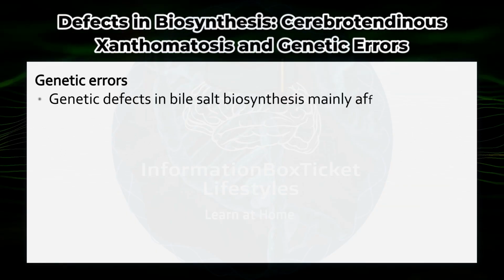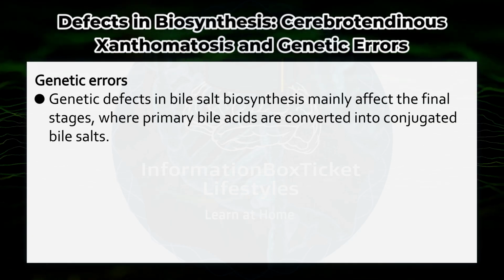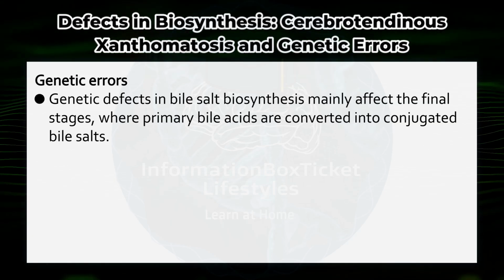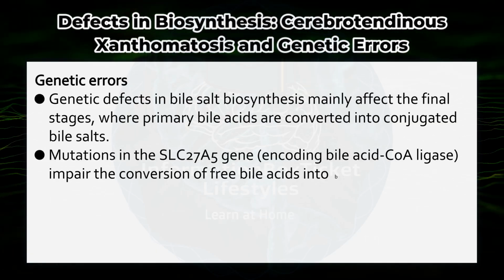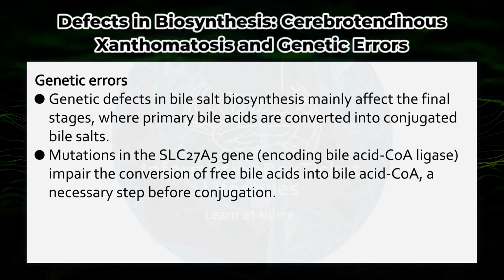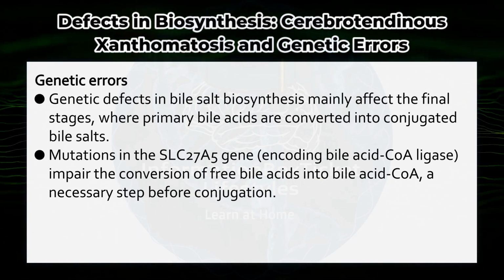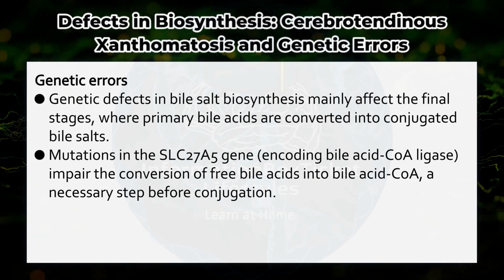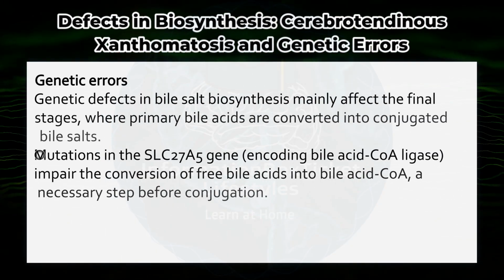Genetic errors. Genetic defects in bile salt biosynthesis mainly affect the final stages, where primary bile acids are converted into conjugated bile salts. Mutations in the SLC27A5 gene, encoding bile acid CoA ligase, impair the conversion of free bile acids into bile acid CoA, a necessary step before conjugation.